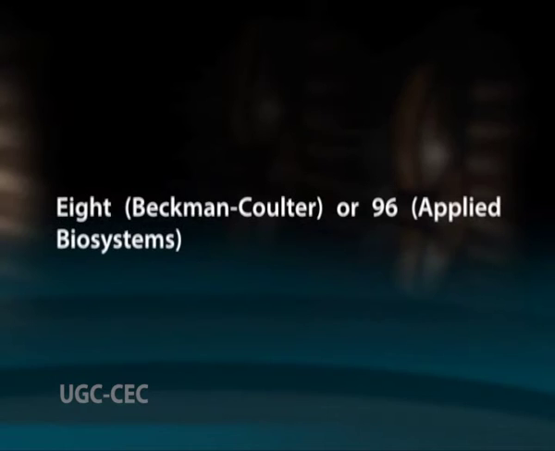Recently, instruments that contain capillary arrays have reached the market. These arrays consist of 8 Beckman-Coulter or 96 Applied Biosystems capillaries. These machines simultaneously introduce samples into each of the arrays, and laser technology is used to detect DNA molecules.